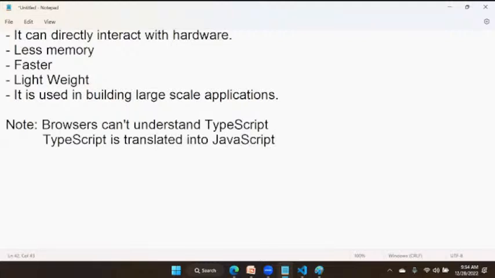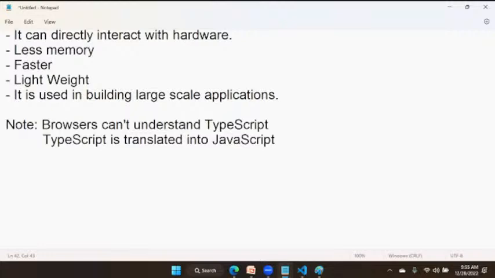That means finally our projects will be using which one? JavaScript. But we don't directly use JavaScript. As a developer, we write the program in TypeScript. This TypeScript program is translated into JavaScript, and JavaScript is used by our project. In companies, we don't prefer directly writing JavaScript.